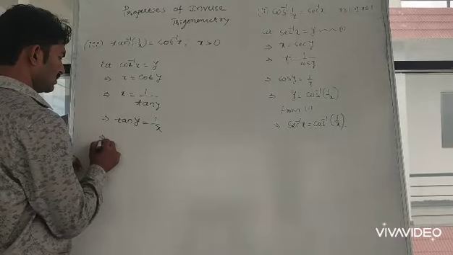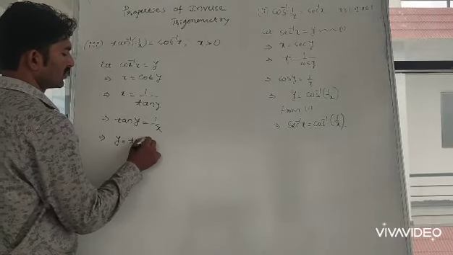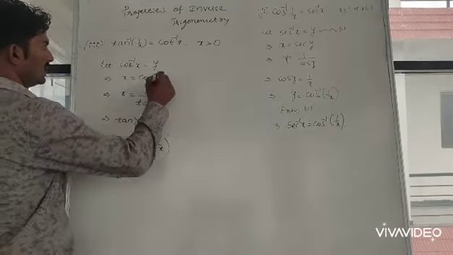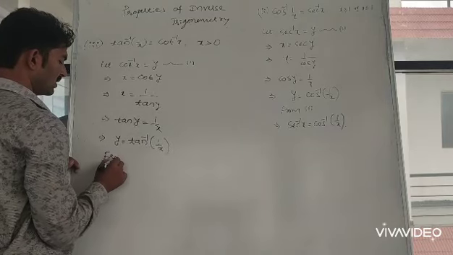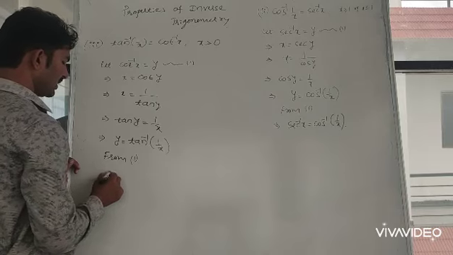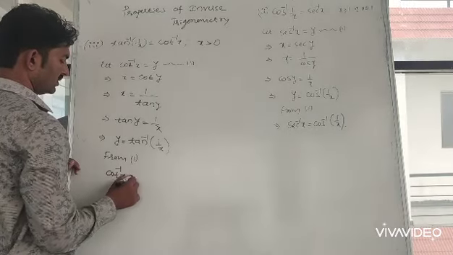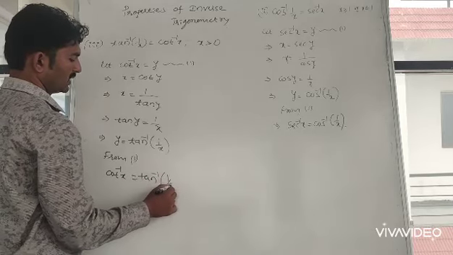Then y is equal to tan inverse of 1 by x. Then again from 1, in place of y we can write cot inverse of x is equal to tan inverse of 1 by x.